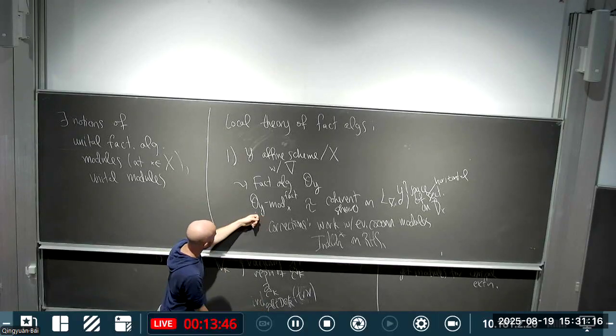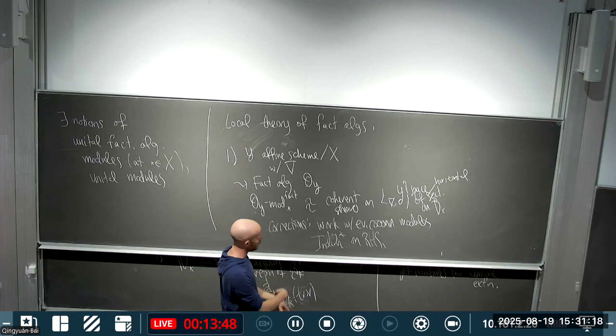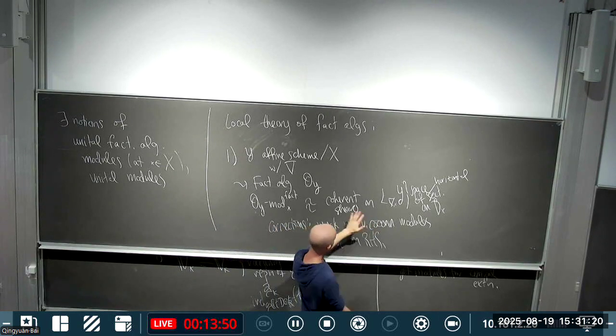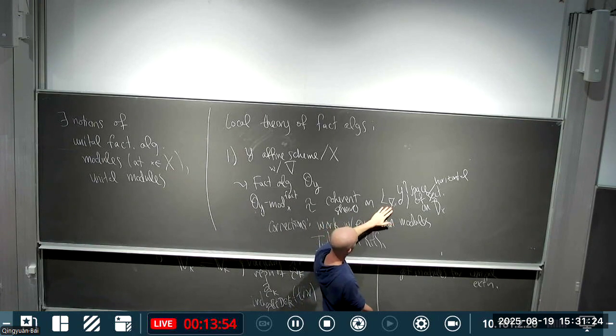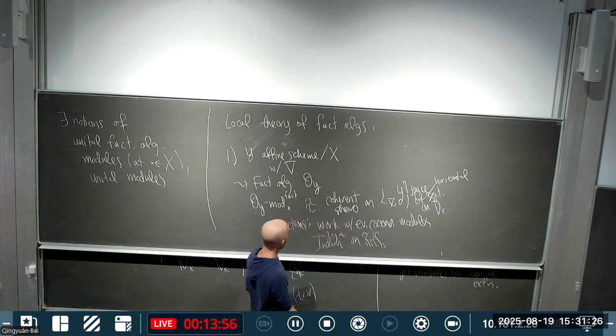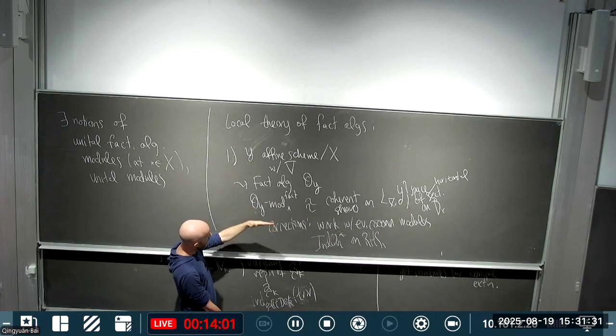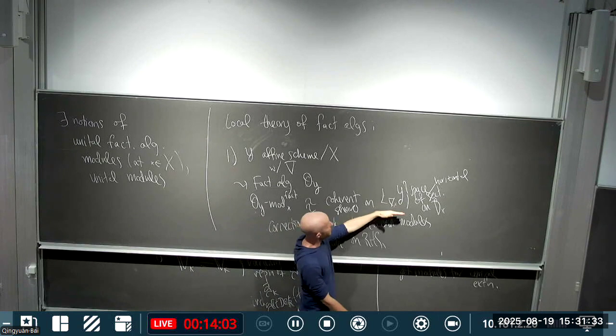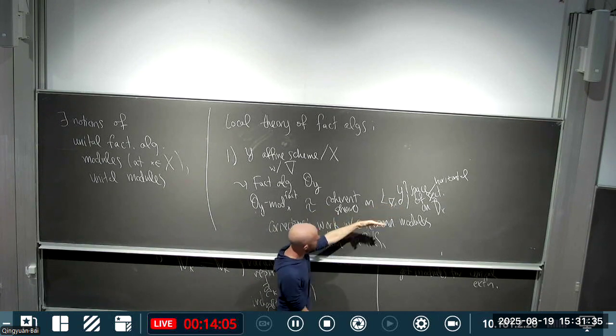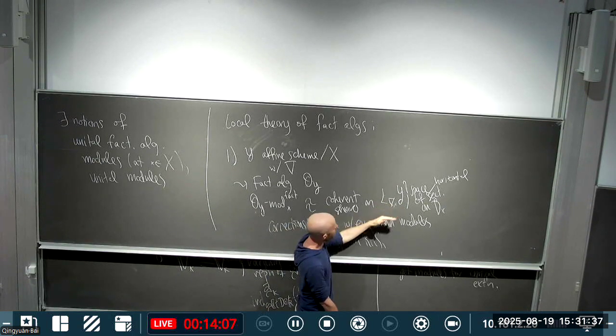That might be the fibers of Y, Taylor series based around the point. But then all of a sudden, when you take factorization modules for functions on Taylor series, you get quasi-coherent sheaves on Laurent series. So there's this phenomenon where taking factorization modules produces something that involves the punctured disk instead of the disk.